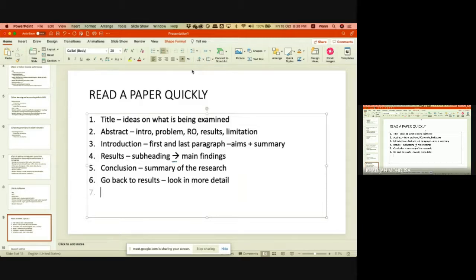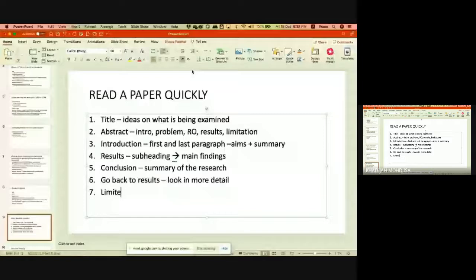And then don't forget the limitation. The limitation is part of the conclusion. In the conclusion, it will give you the limitation of the research.